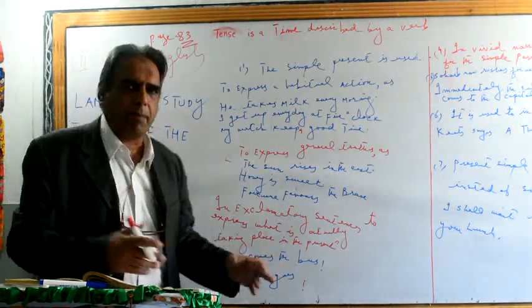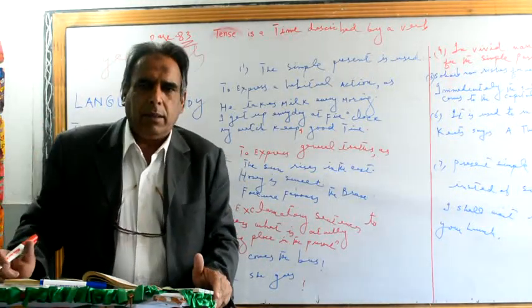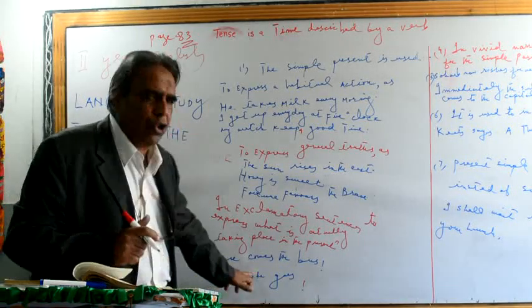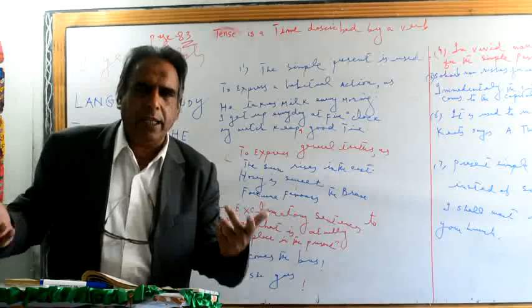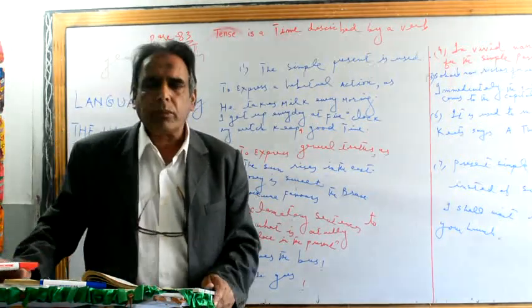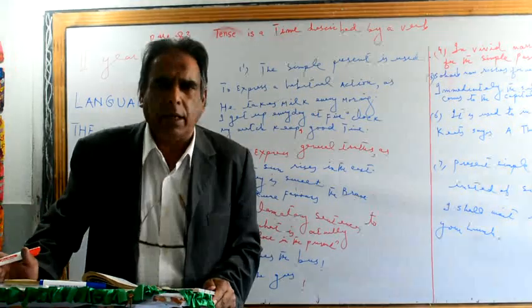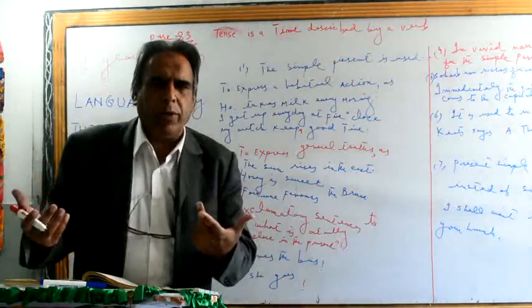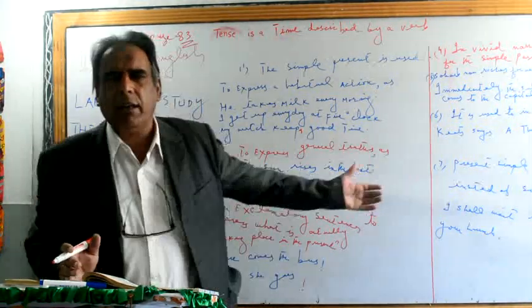Here comes the bus. There she goes, or there he goes. So you explain. Like we have seen someone, and you say, here comes Sir Waris. Here comes Sir Ahad for the class. So, for exclamation, because you were not seeing him in the class, and suddenly you saw that he is entering the college, you say, here comes.